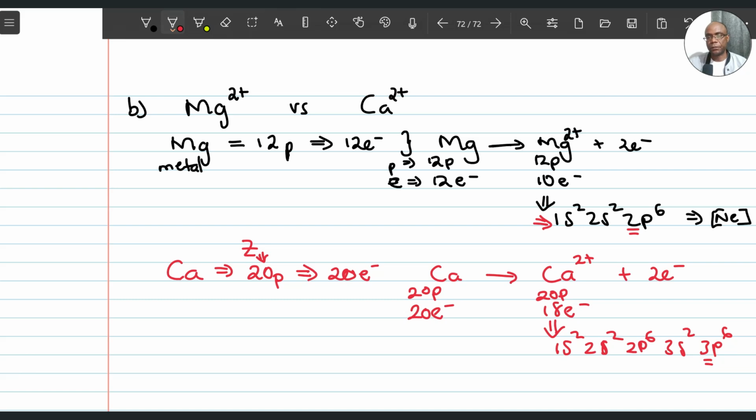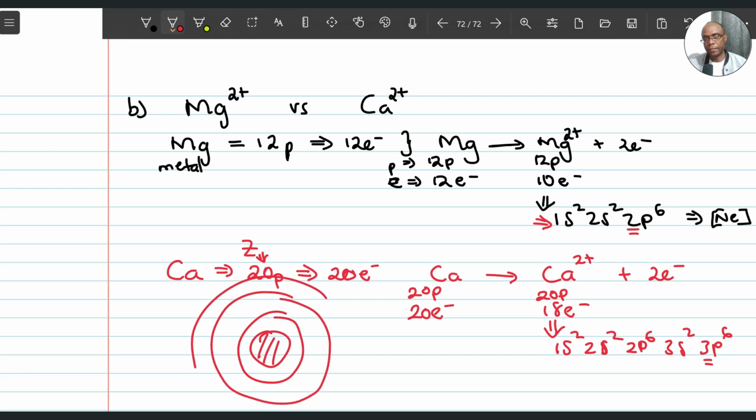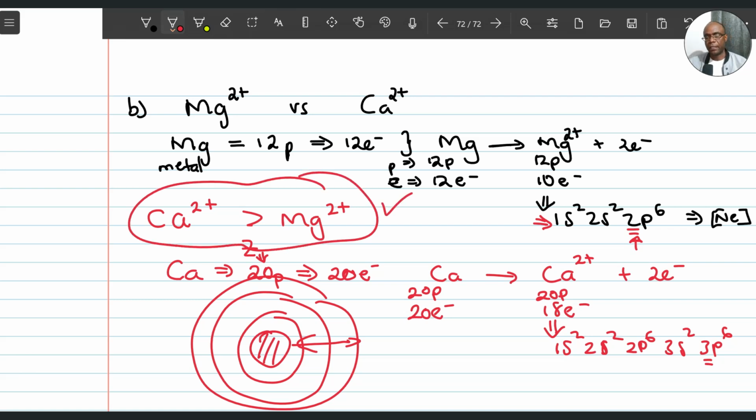Here we will not use the number of protons. The one that has more circles or more energy levels will definitely be bigger. So I expect that Ca2+ will be bigger than Mg2+, which has only 2 energy levels. So that's my reasoning for this. The atom size will dictate the ion size in this case because they are in different periods.